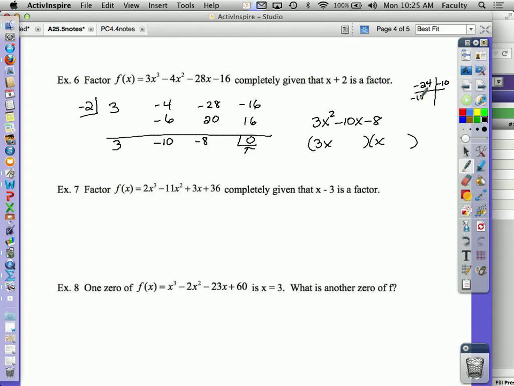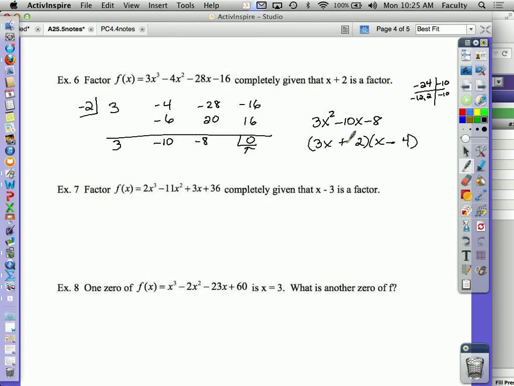Negative 12 and 2, right? Notice it can't be 6 and 4 because they have to be opposite signs. So that won't add up to the negative 10. So I'm going to put a 4 here and a 2 here. Do you see that's my 12x and my 2x, but I need the 12x to be minus.